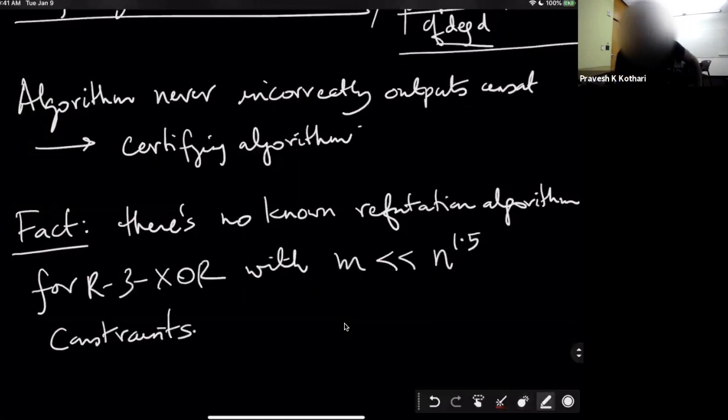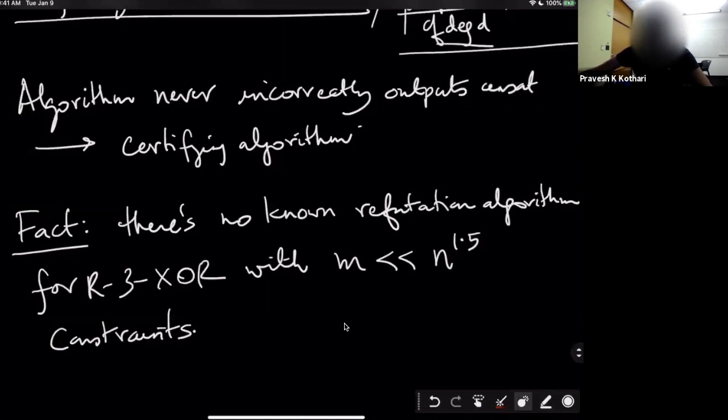So, we studied the question of constructing refutations, or certificates of upper bound on the value of a 3XOR instance with M constraints, which were basically N over epsilon squared, right? And what we realized is that at least if you're looking for sum of squares certificates, then there is no such certificate unless you use degree which is linear in N, right? And that corresponds to running times which are exponential in N. And so certainly it does not give us a polynomial time refutation algorithm, at least if we were to use sum of squares, right?